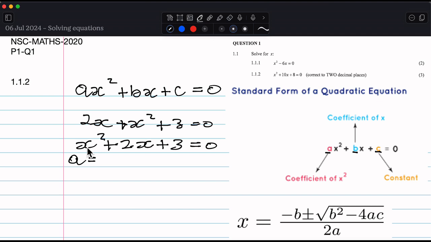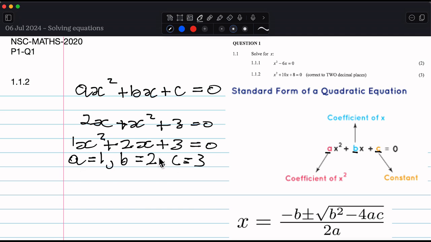We don't see a number in front of x squared. So whenever you don't see a number in front of a variable, you should know that the coefficient for that variable is 1. So in this case, our a would be 1. Our b would be the coefficient of x, which is positive 2. And our constant term is positive 3, so we write it like that.